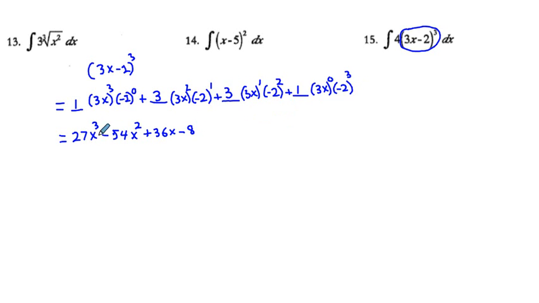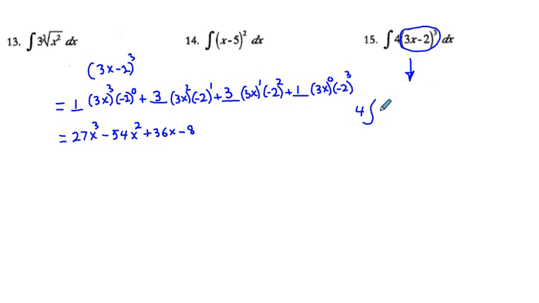And so this 4-term polynomial is going to replace this quantity 3x minus 2 cubed. And so just writing down here below with this inset, I'm going to put this 4 on the outside.